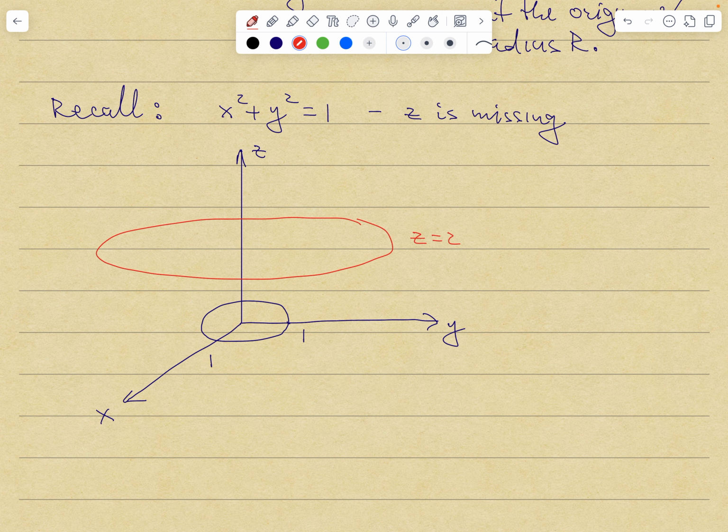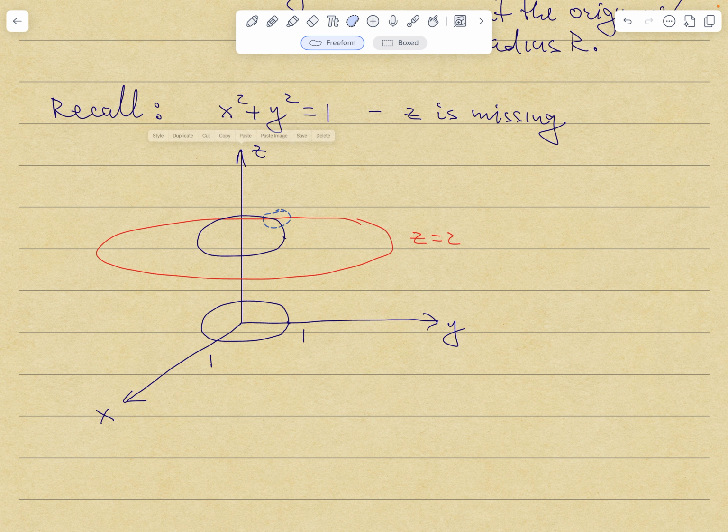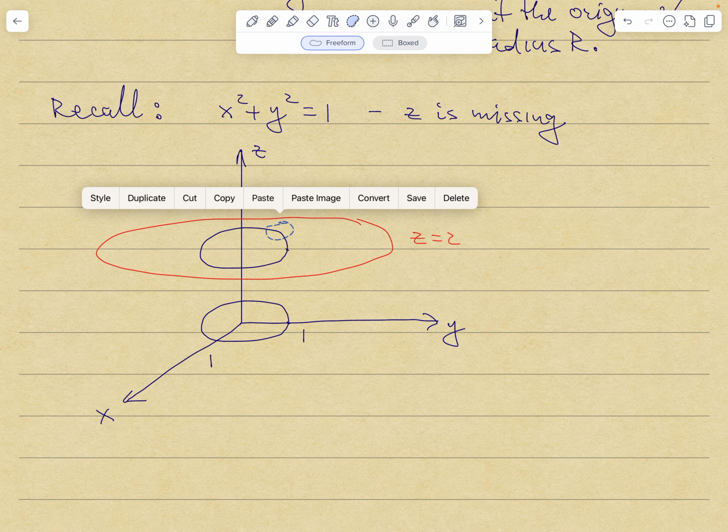So in 3D, I would still see the same circle as I saw before, except that this circle is now in the plane z equal to 2.